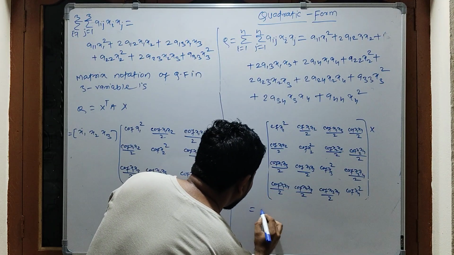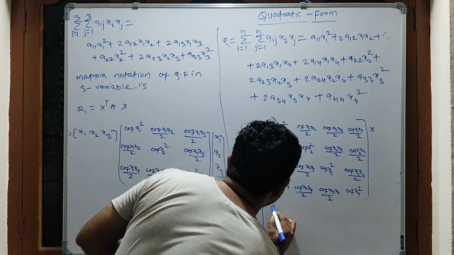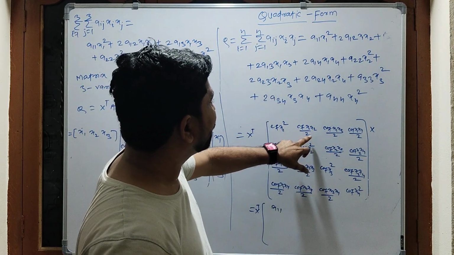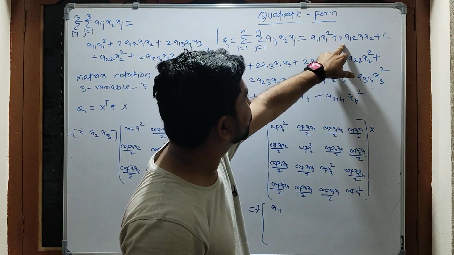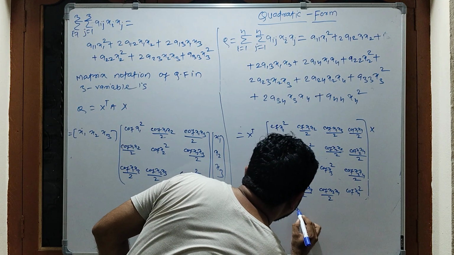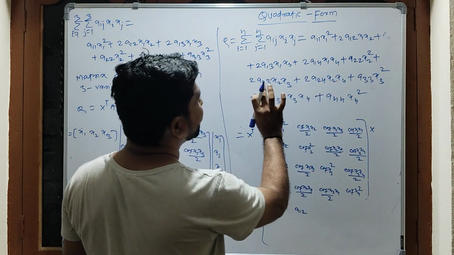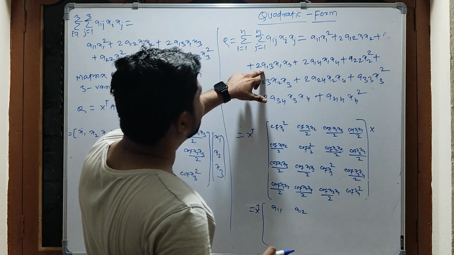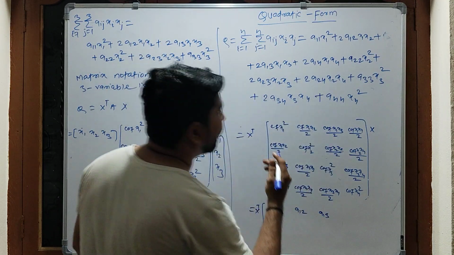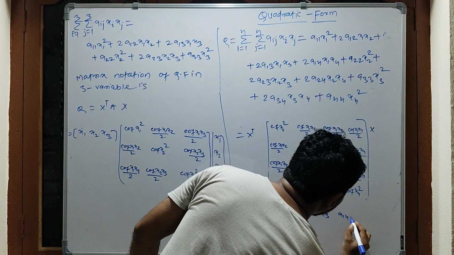So this is equal to, here I will write the coefficient of x1 square as a11. So of course this is x transpose. Here the coefficient of x1 x2 divided by 2: the coefficient of x1 x2 is 2 times a12, so 2 times a12 divided by 2 is simply a12. The coefficient of x1 x3 is 2 times a13, divided by 2 is a13, and for x1 x4, 2 times a14 divided by 2 is a14.